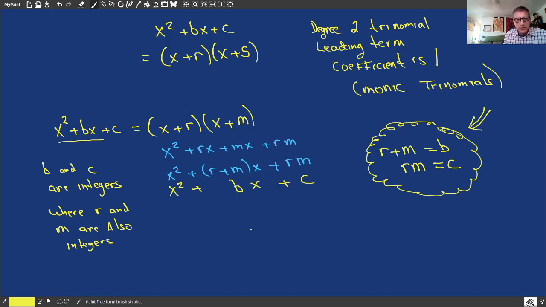So let me classify polynomials two more ways. x squared plus bx plus c is a monic degree 2 trinomial. Remember, monic just means that the leading coefficient is 1.